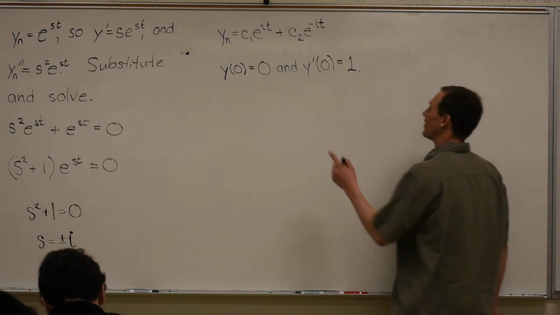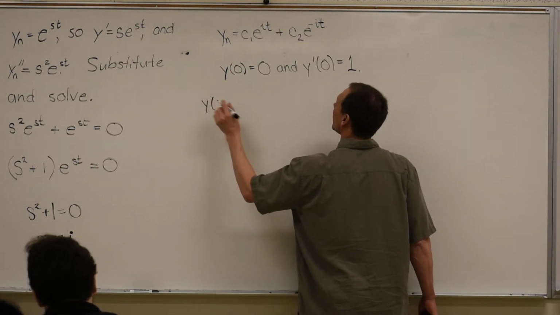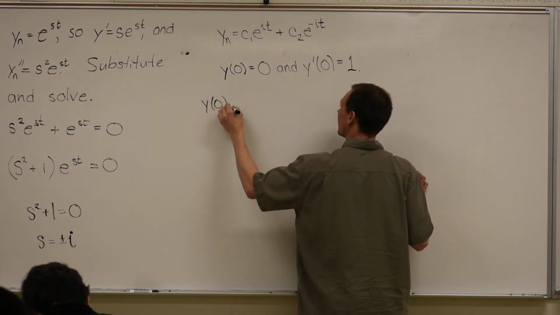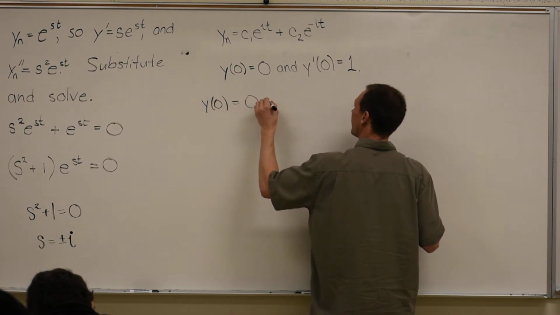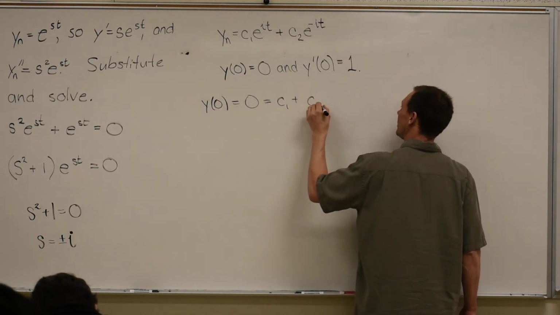First, y of 0 equals 0, and this equals C1 plus C2.